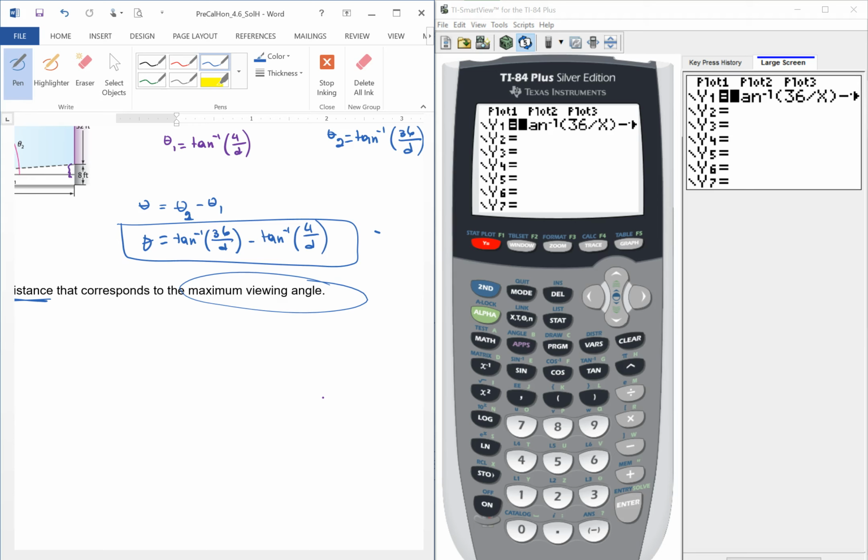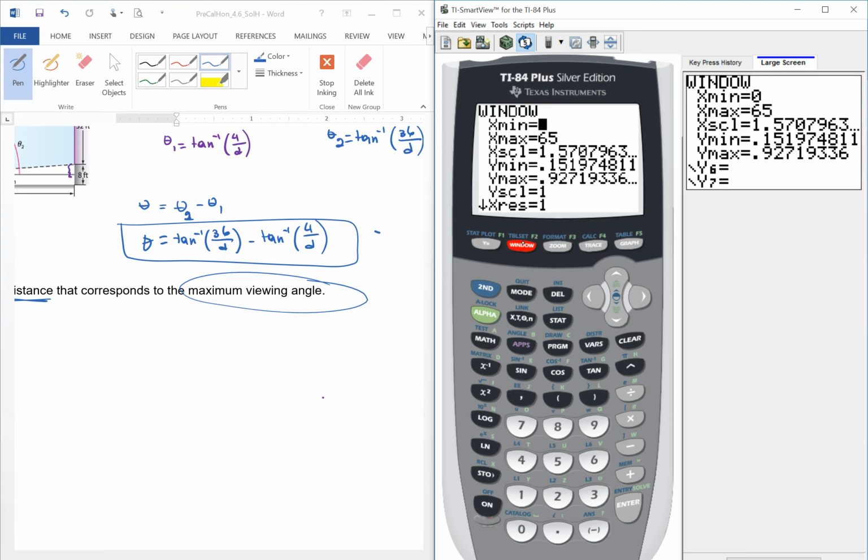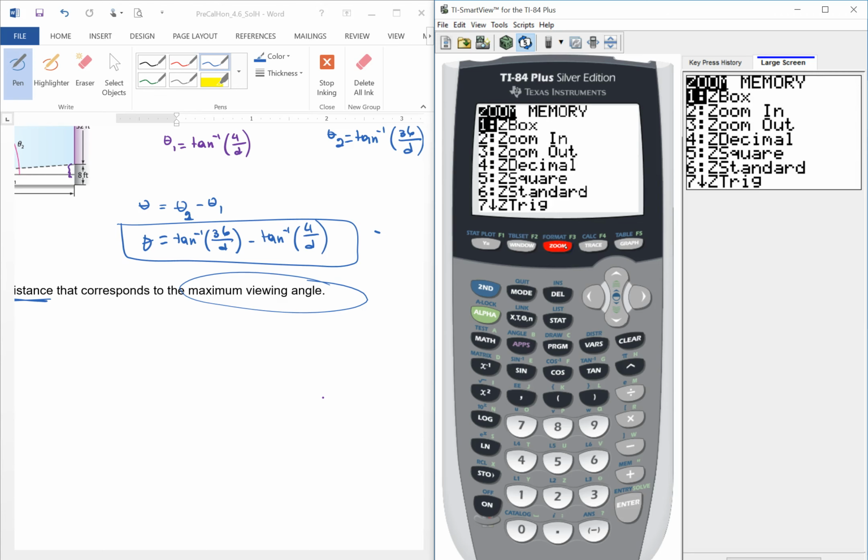First of all, do zoom 7 so you're in trig mode. And then for the window, I want you to do for the x min and x max 0 and 65. So x is the distance. So figure 65 feet, okay? Of course, there is some trial and error. So go 0 to 65 and then press zoom fit. Remember what zoom fit did?